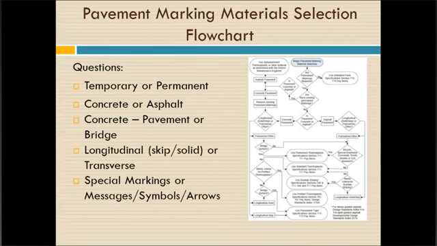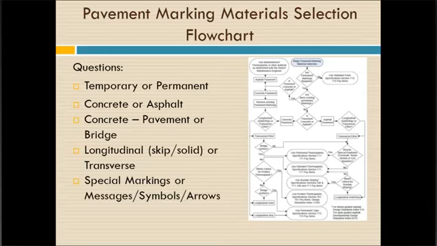If you're working with concrete, it's going to split again. It's going to talk about if you're dealing with just concrete pavement or bridges with concrete surfaces. Once you get past that decision, then you're going to go into what types of lines and which material to use.